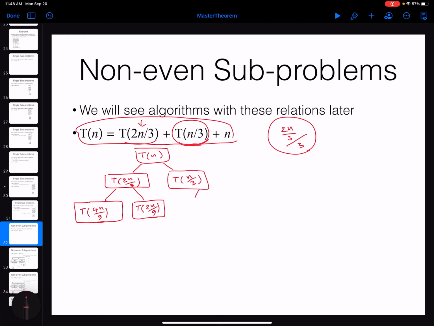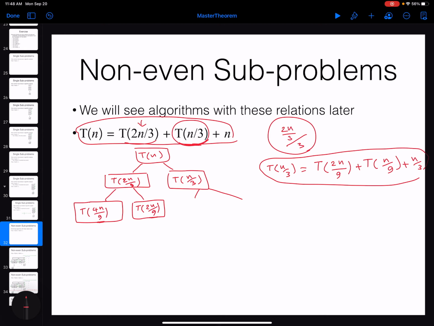I will apply the same relation for this one. You know that T of n divided by 3 will be equal to T of 2n divided by 9 plus T of n divided by 9 plus that additional cost n divided by 3. So I'm going to use this formula for this one.